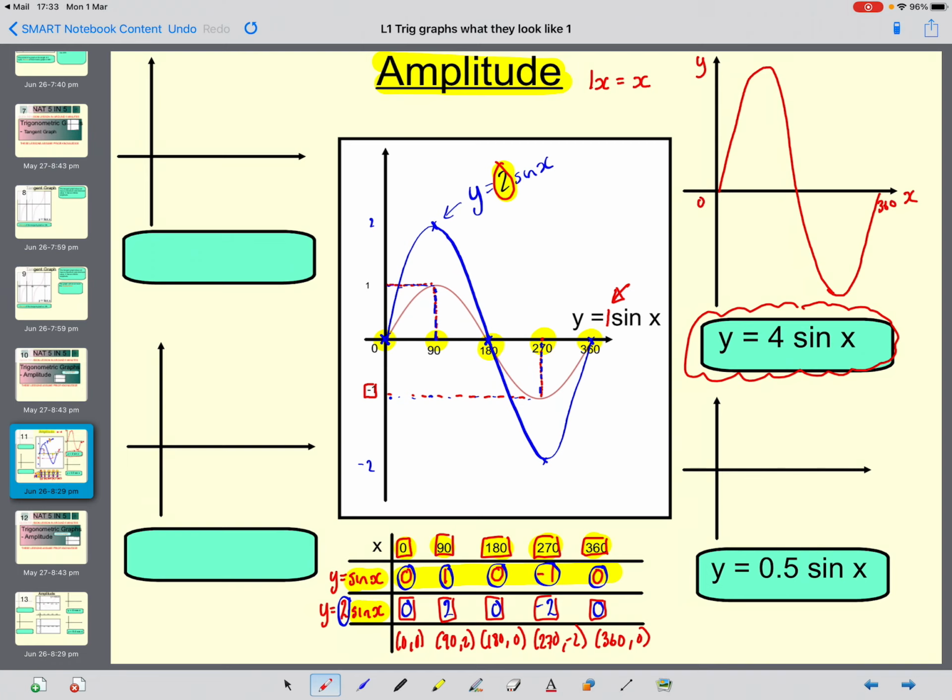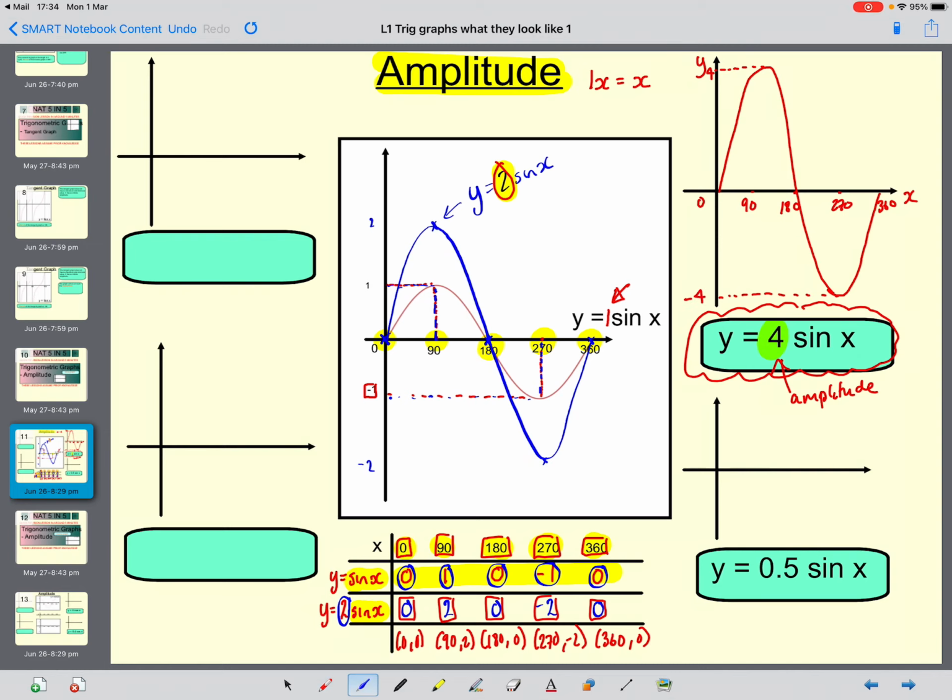It still goes to 360. Put in all your important points. Just need to remember these. And because of this 4 now in front, that means it has got an amplitude of 4, which means it goes up to 4. So up here, this number here is 4, and it goes down to a minimum of -4.